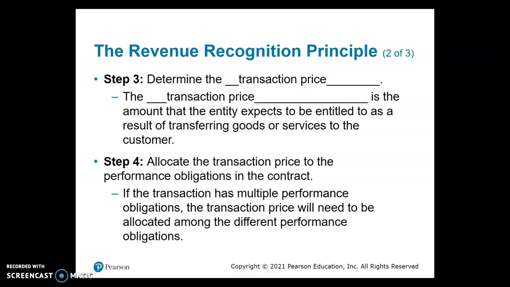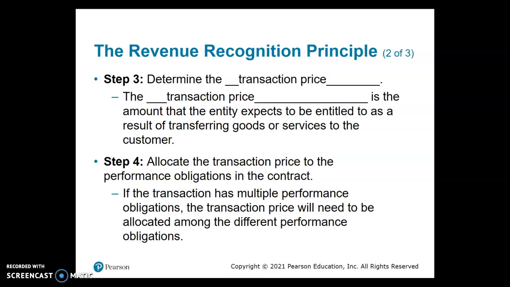So this first bullet point under step 5, the blank is by transferring. So the business will recognize revenue when it satisfies each performance obligation by transferring a good or service to a customer.